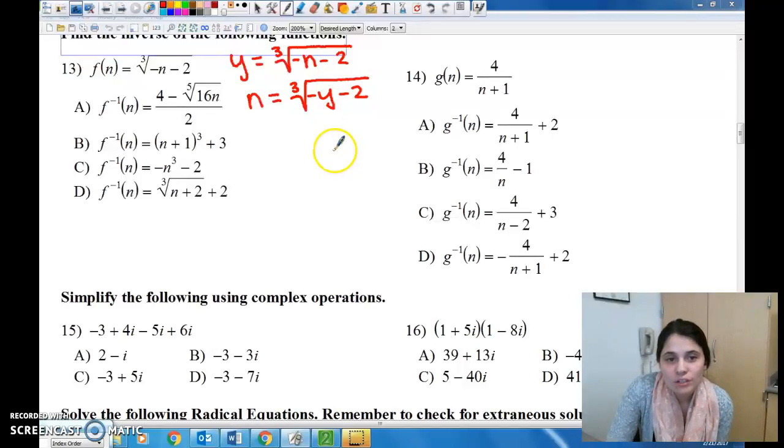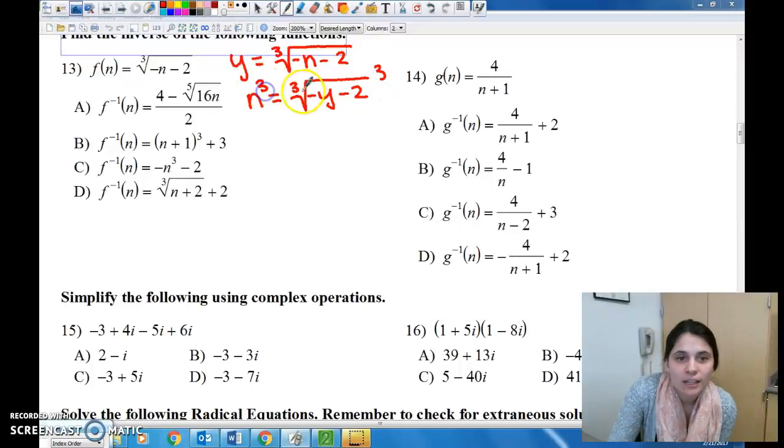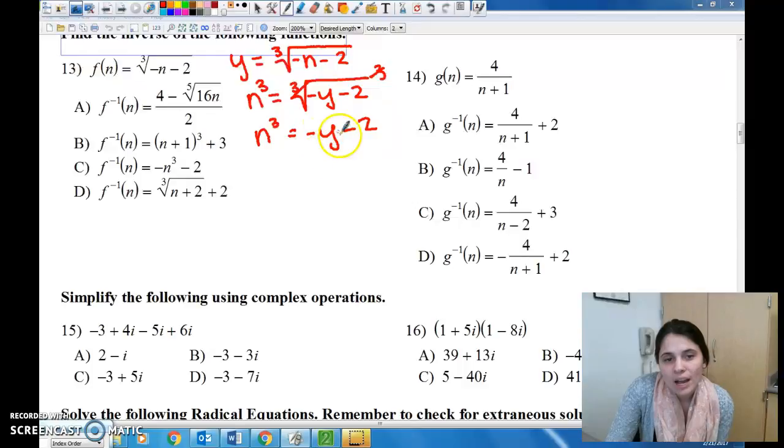And then in order to solve this, I'm just going to try and get y by itself. To get rid of this cube root, I'm going to cube both sides, and then these cancel. So I have n cubed equals negative y minus 2. Now, this y being negative tends to throw things a little, so I'm going to go ahead and add y to both sides right here from the very beginning.